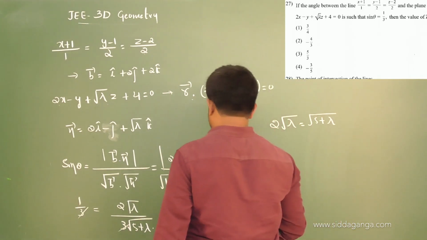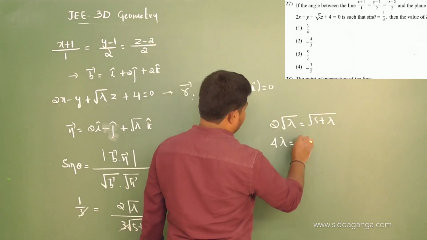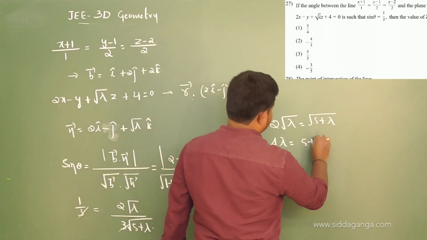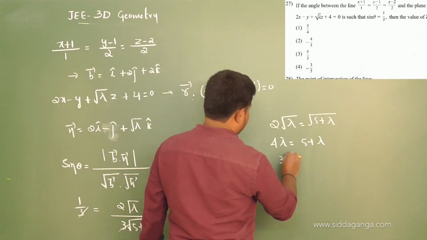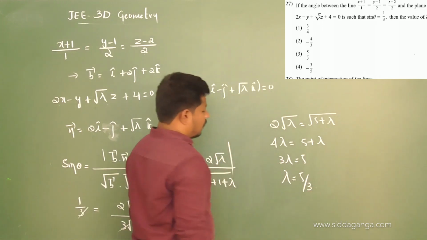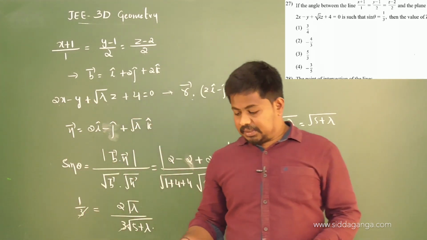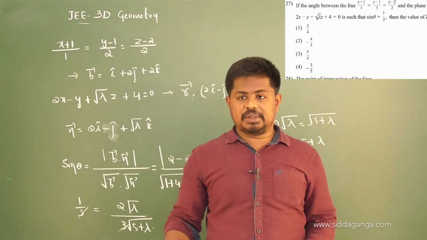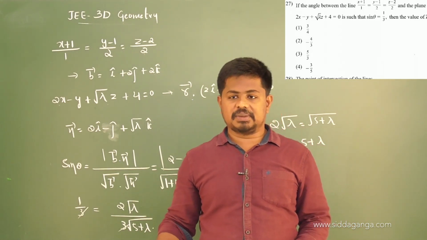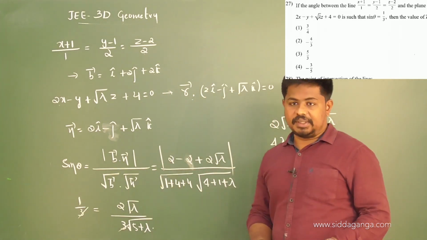Let me square both sides to remove the root symbol, so 4 lambda is equal to 5 plus lambda. This gives 3 lambda is equal to 5, so lambda is equal to 5 by 3. The sine of the angle between the line and the given plane is 1 by 3 only when lambda is 5 by 3. That is option 3.